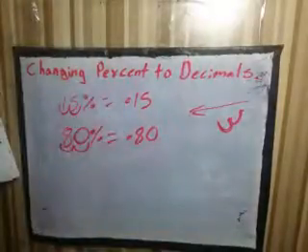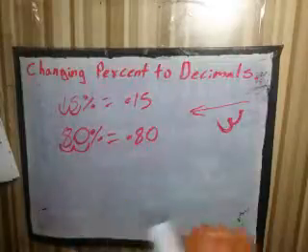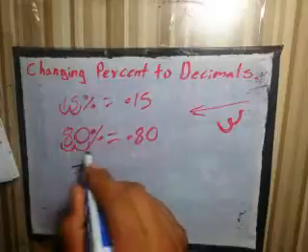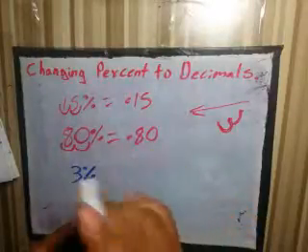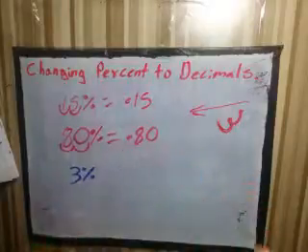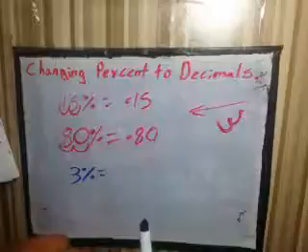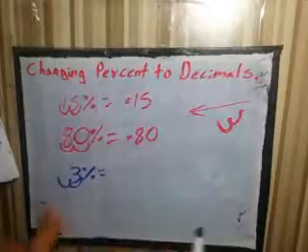For example, they ask you for 3%, which is one number. Don't worry, you will get the answer. Just move two places, remember. This will be equal to, let's remember the rule, 1, 2.